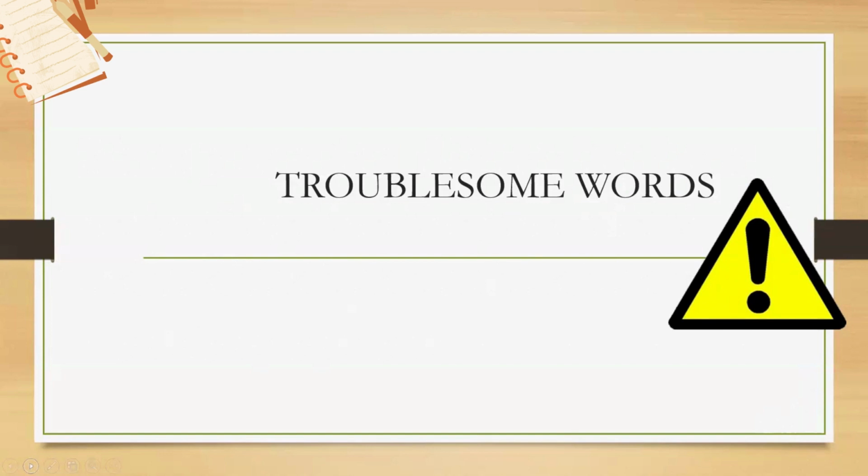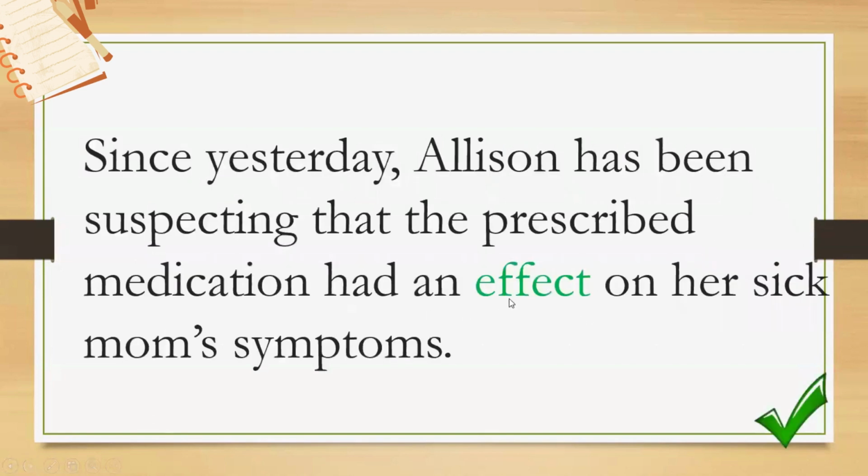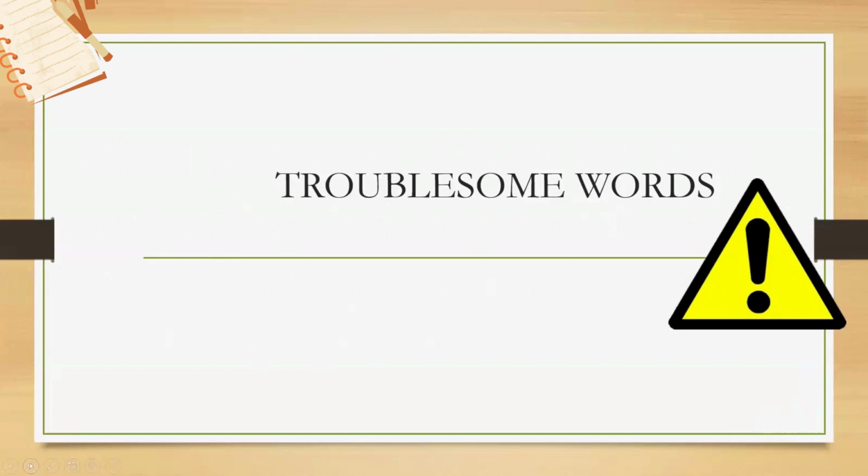But based on this sentence, we had here effect, which is a noun, not a verb. Okay, so the second error that we need to look out for in a sentence or in a certain particular writing, that would be troublesome words.